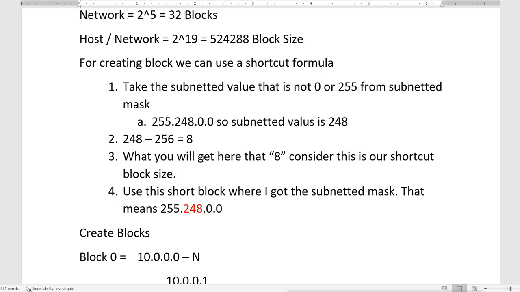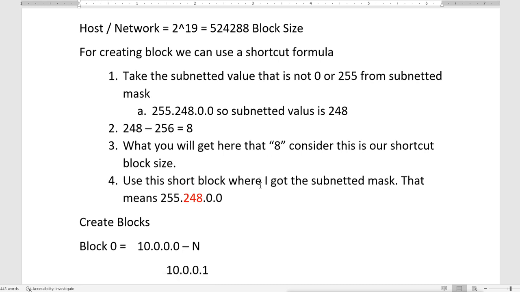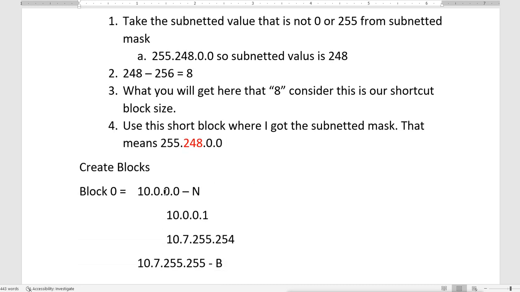Now the shortcut block size is 8, and we have to be careful to apply this block size. We can't apply it anywhere. We can only apply it where we get this subnetted value. That means this is the first part, second part, third part, and fourth part. I got it from the second part, so I applied it on the second part.